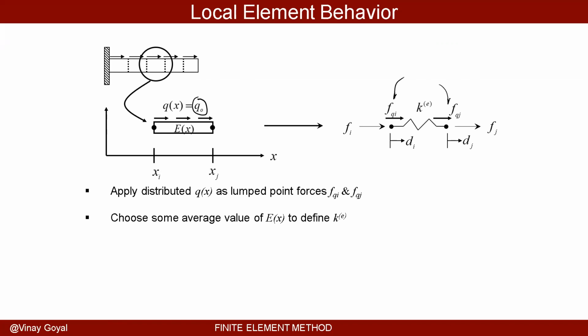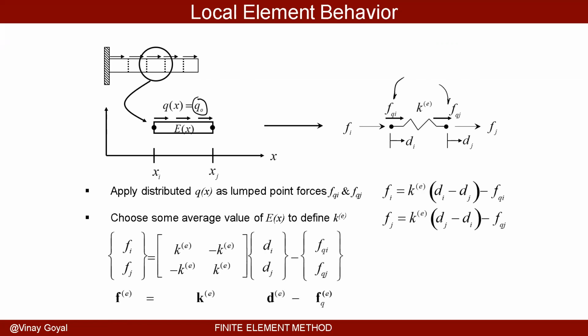So I can take Q naught, which is distributed over the element, and put half on one side, half on the other. For E of X, I could come up with some average value of E of X that I use to calculate the spring constant. That's one way.